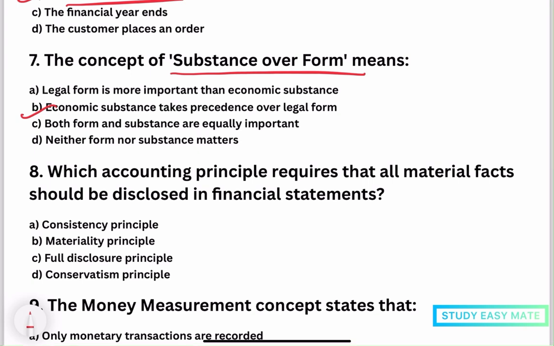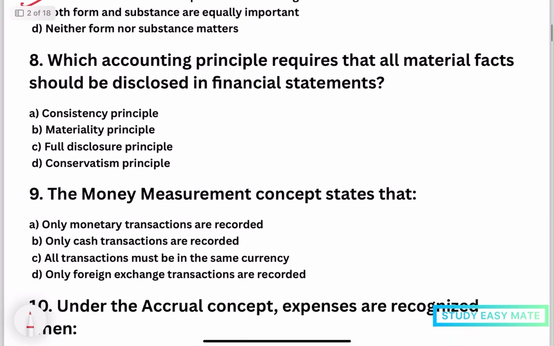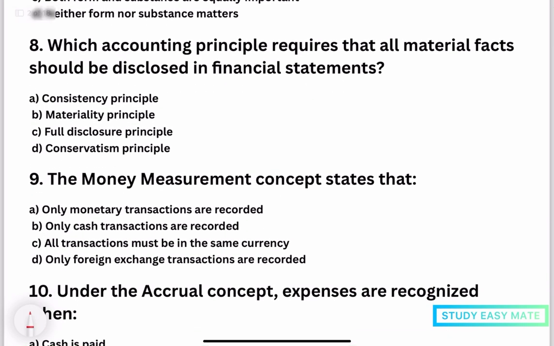Okay, for example, in a lease arrangement that transfers substantially all risks and rewards of ownership to the lessee, the transaction should be treated as a purchase, like a finance lease, okay, rather than a rental or operating lease.